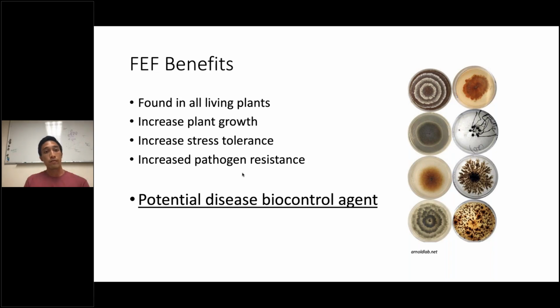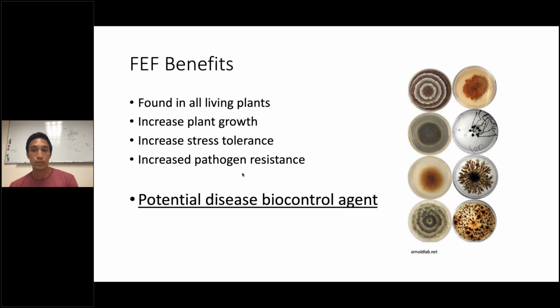So a little background on FEF. It's pretty well known. These have been studied since the 1900s, and there are a bunch of different benefits that they provide for plants, including general plant growth, increased stress tolerance, and what we're interested in, increased pathogen resistance.